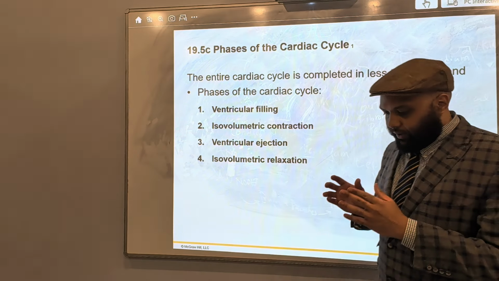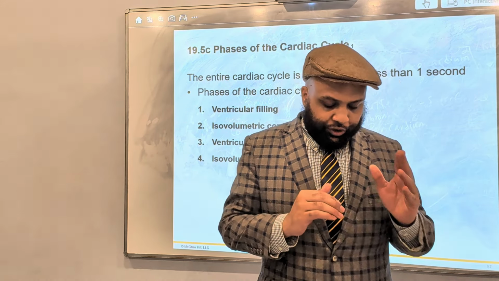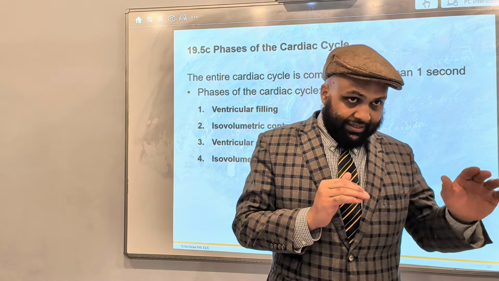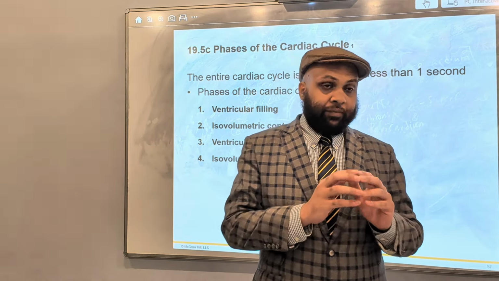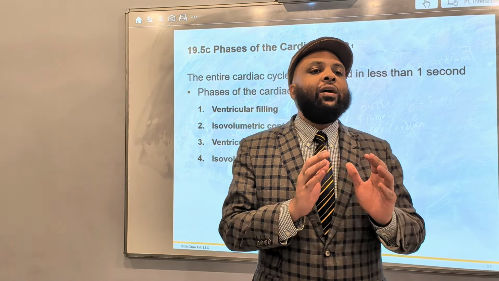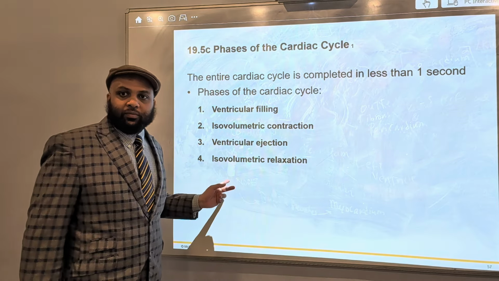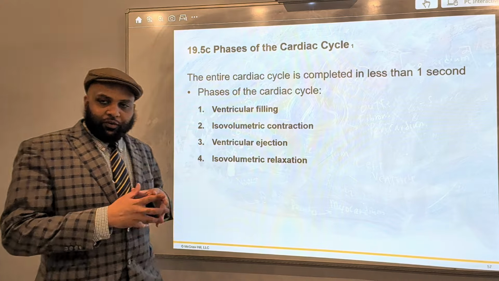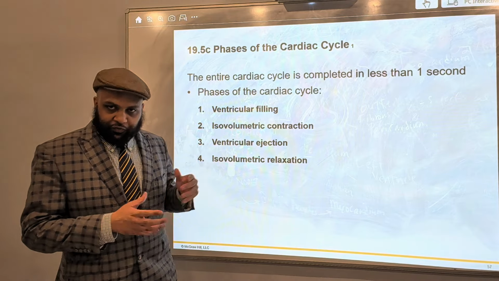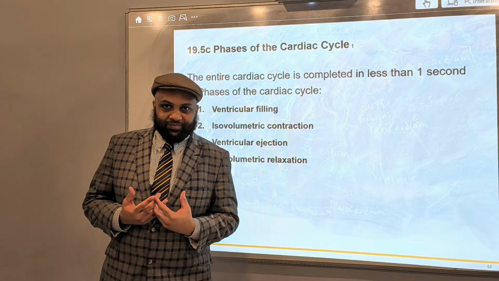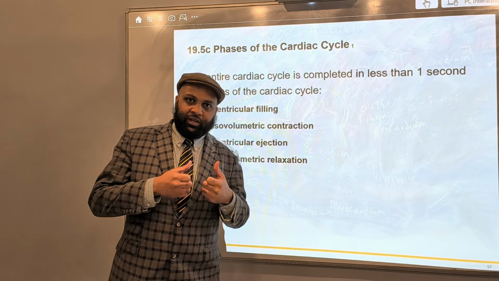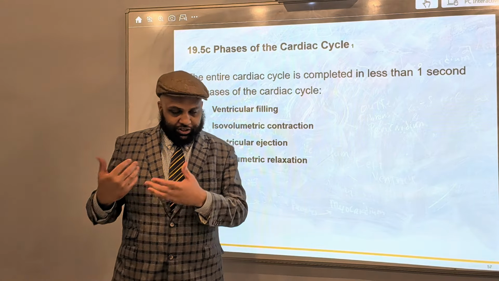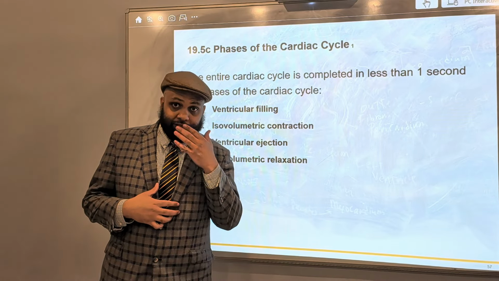If you look at the heart, remember how we talked about the P, Q, R, S, T complex in the EKG. They are all breaking down for us those 4 steps. So, in order for us to pump blood, we need to fill the ventricles with blood. Then we need to eject this blood out to the systemic circulation or the pulmonary circulation.